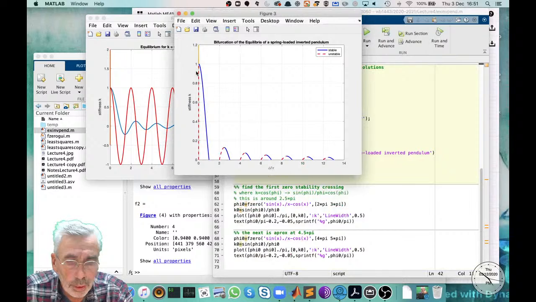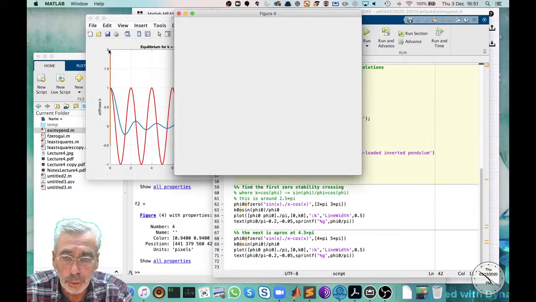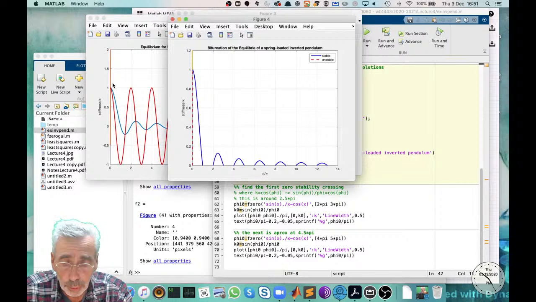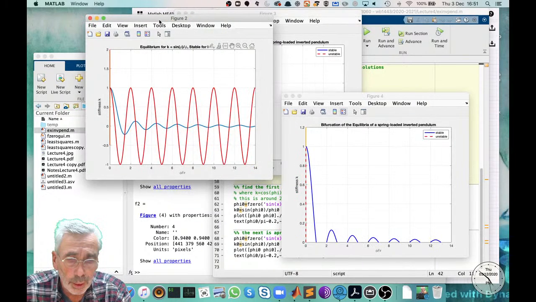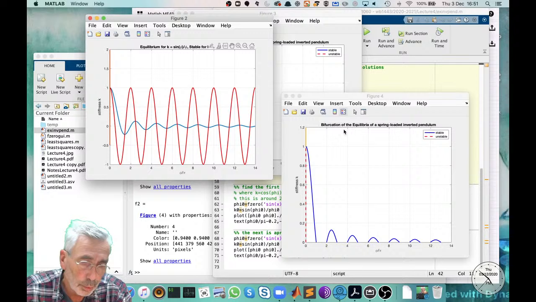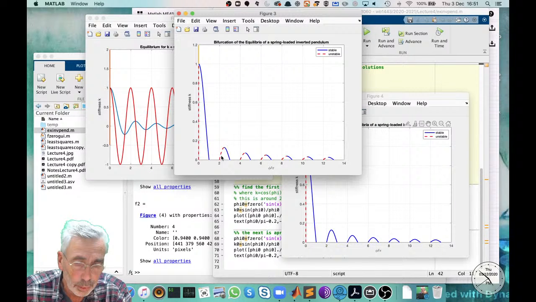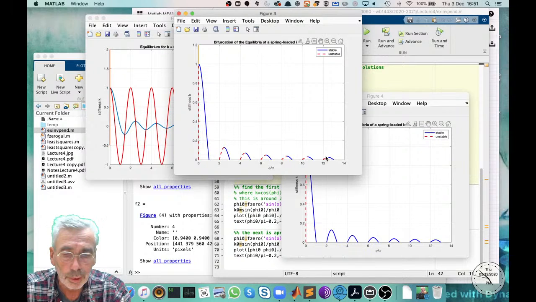And then you can run this and find all these crossings. Well, we only look at the positive k values. I discarded all the negative k's here. So I only look at the top part, and then we see these are stable solutions or unstable solutions. So these are all solutions: unstable, stable, unstable, stable, where these points we have determined with sine phi, cosine phi.